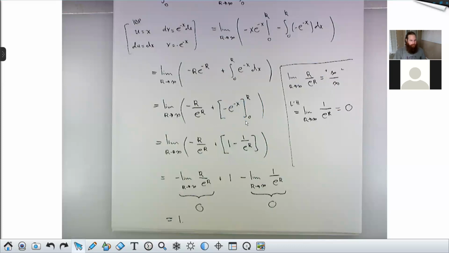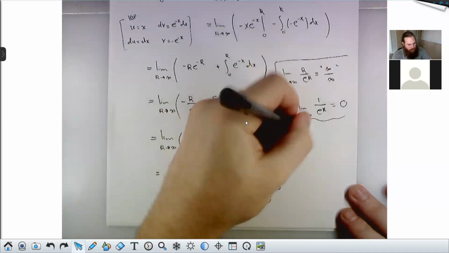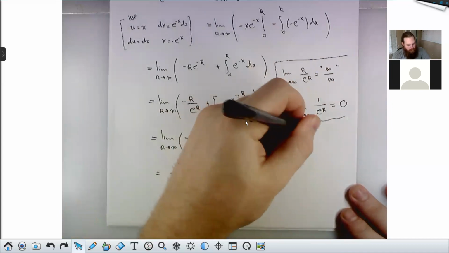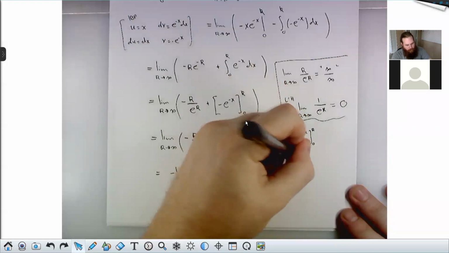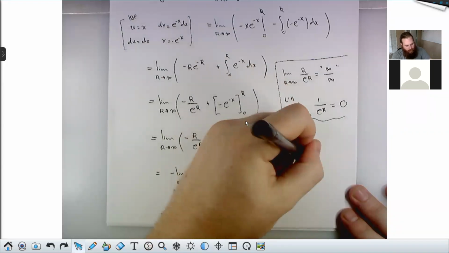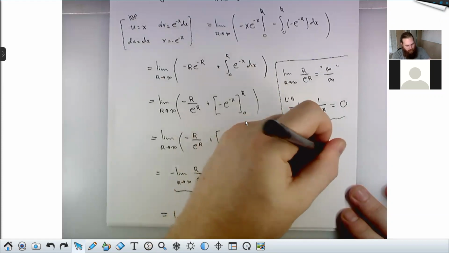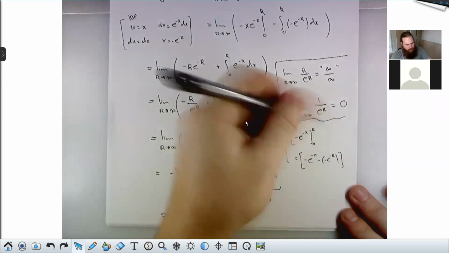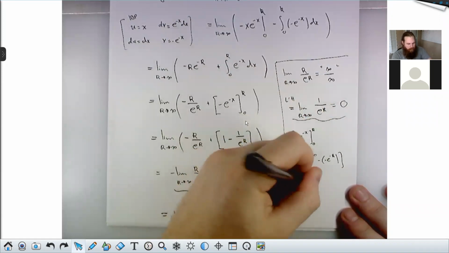So this guy, let's do it here. Negative e to the negative x evaluated from 0 to r. That's equal to negative e to the negative 0 minus negative e to the negative r, which is negative 1.